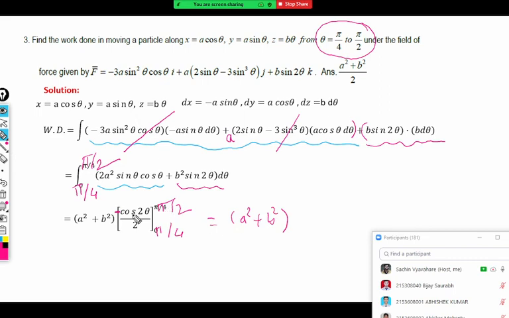When you put the upper limit, the 2 gets cancelled, cos pi is minus 1, so minus minus is plus 1 by 2. When you put pi by 4, cos pi by 2 becomes 0. And now you get the required answer: a square plus b square upon 2. The answer is correct there.